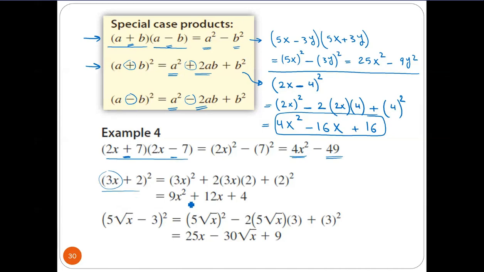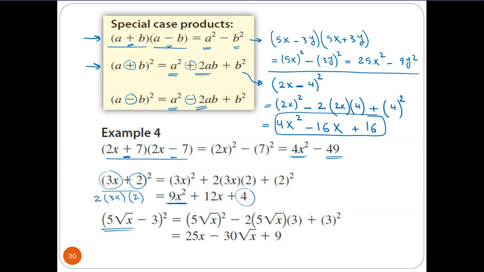The first square 9x squared and 2 multiplied by 3x multiplied by 2. So we have 2 multiply 3 multiply 2, 12x, and the last square, this is 4. Okay.